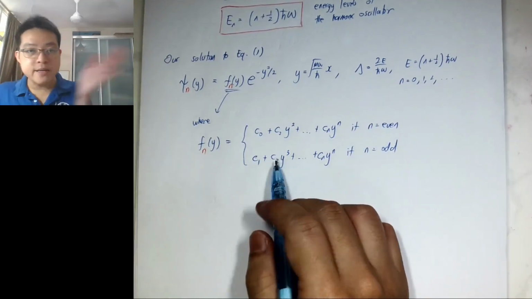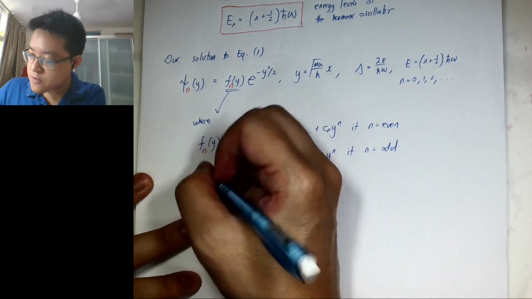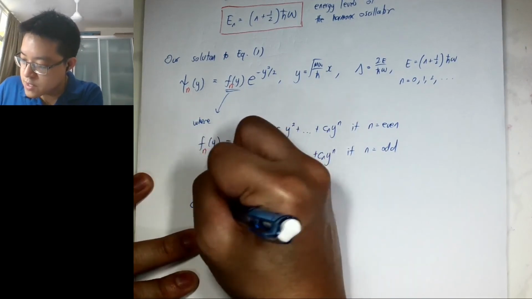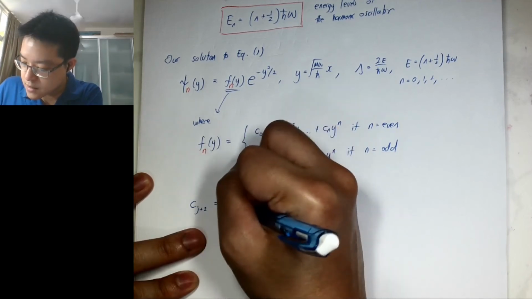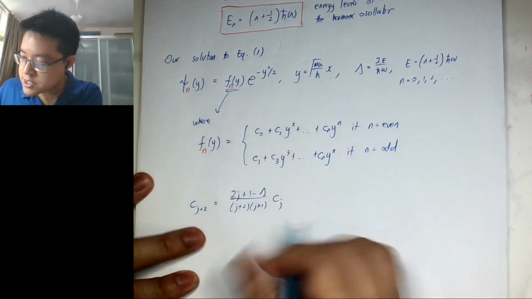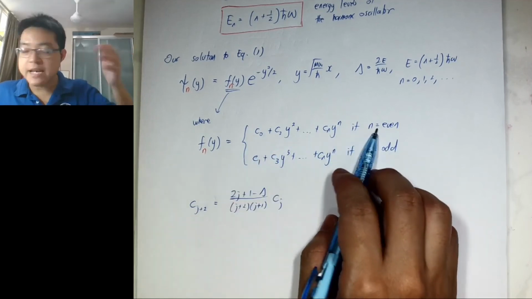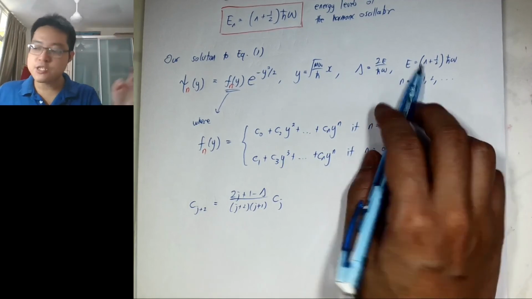And how do I determine the C, right? So C0, 2, 4, dot, dot, dot, it depends on our recursion relation. So Cj plus 2 equals 2j plus 1 minus lambda, over j plus 2, j plus 1, times Cj. So the first one is C0. If it's even, then let's say n equals 4. Let's say I want to find the solution for the fourth energy level.